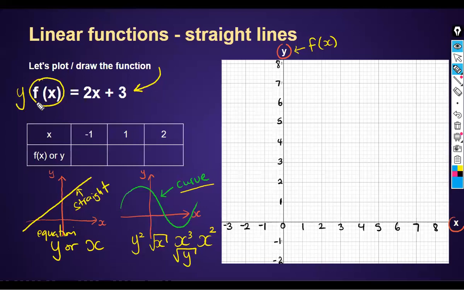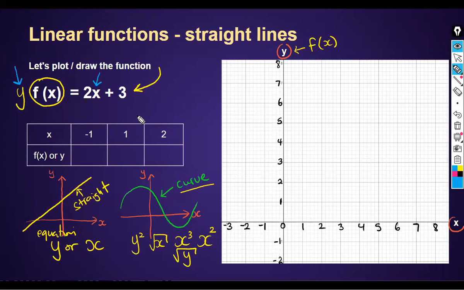Remember, f(x) is the same exact thing as y. You have regular boring y and regular boring x. You don't see any x squared, square root, or x to the power 3. This is just 2 multiplied by x. It's still regular boring x and regular boring y. So that means when I draw this, I'm supposed to get a straight line.